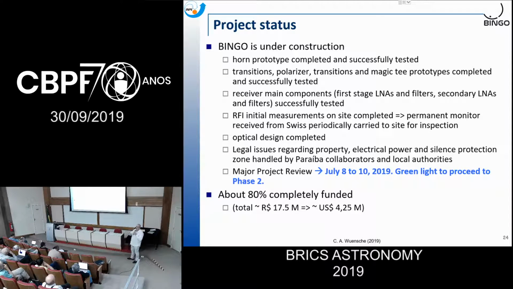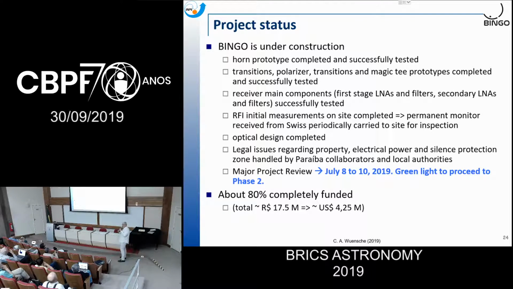That's why we chose that site, and it's being frequently monitored to guarantee that it remains clean. The optical design is completed. We have some legal issues with taking power to the site and cleaning the area, which is handled by the University of Campina Grande in Paraíba and the local authorities. It's already granted. The terrain is granted.